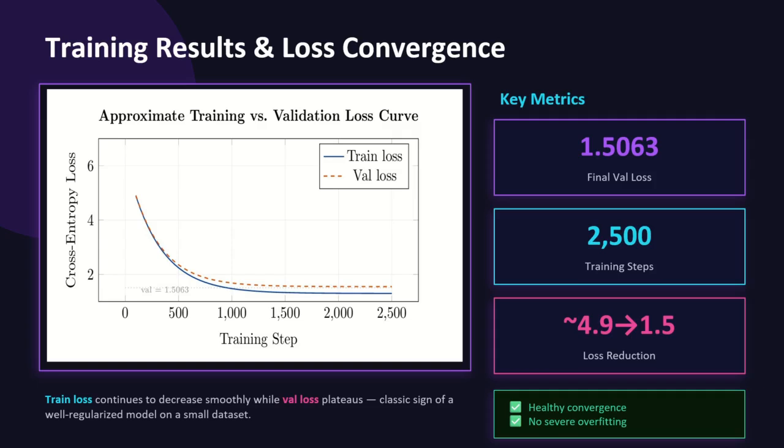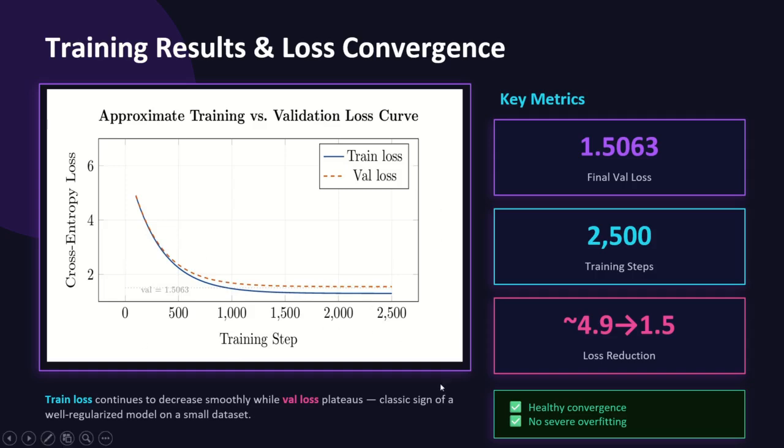Okay, when coming to the training result, the model shows a strong learning behavior, where the loss decreased from somewhere around 4.9 to 1.5. That is, the validation loss is stabilized here.